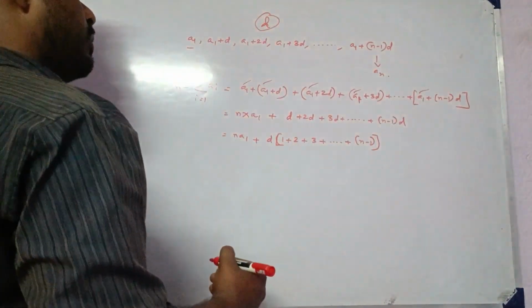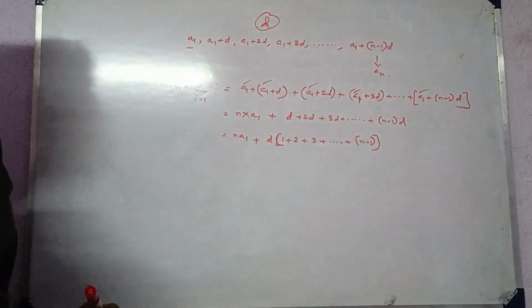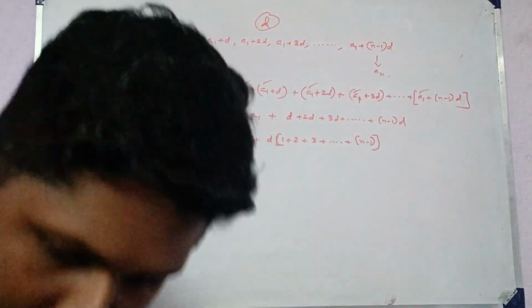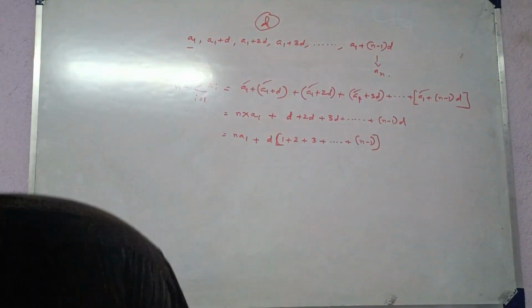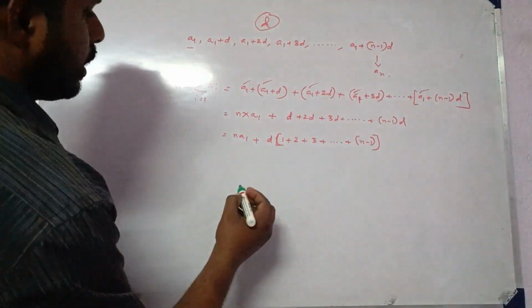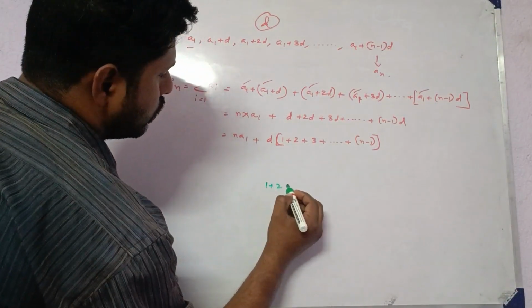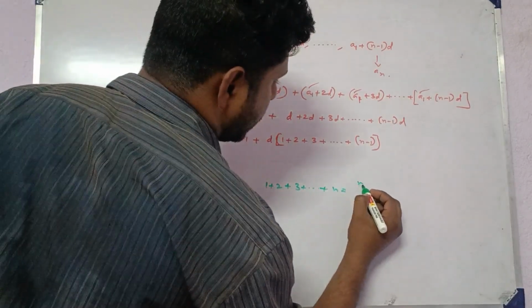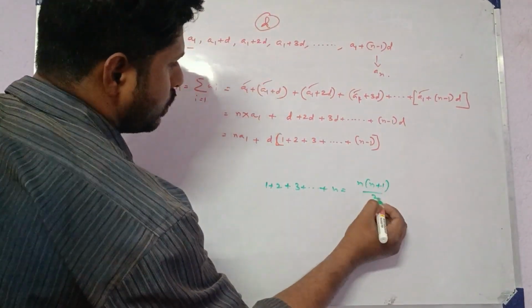The last formula we studied was up to n terms. Now we are doing n minus 1 terms. In case of n terms, 1 plus 2 plus 3 plus dot dot dot plus n, we had n into (n plus 1) by 2.